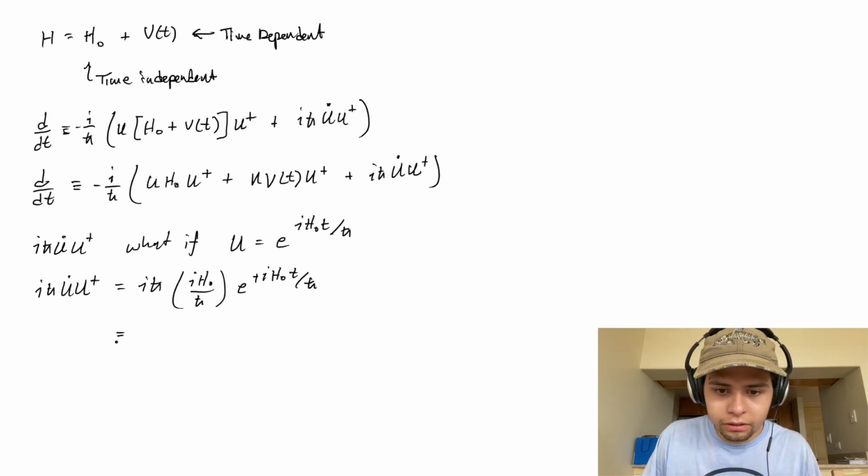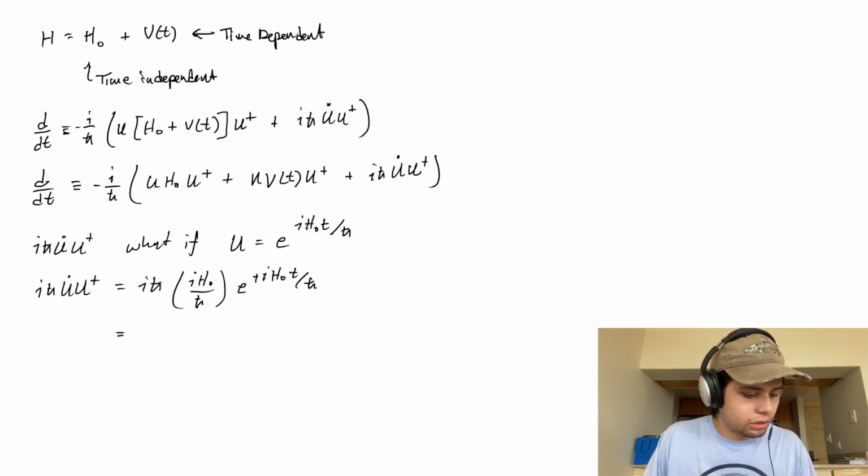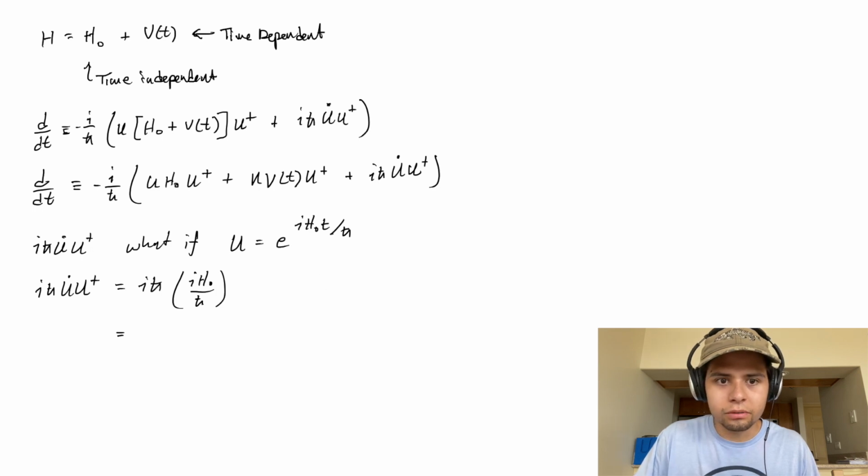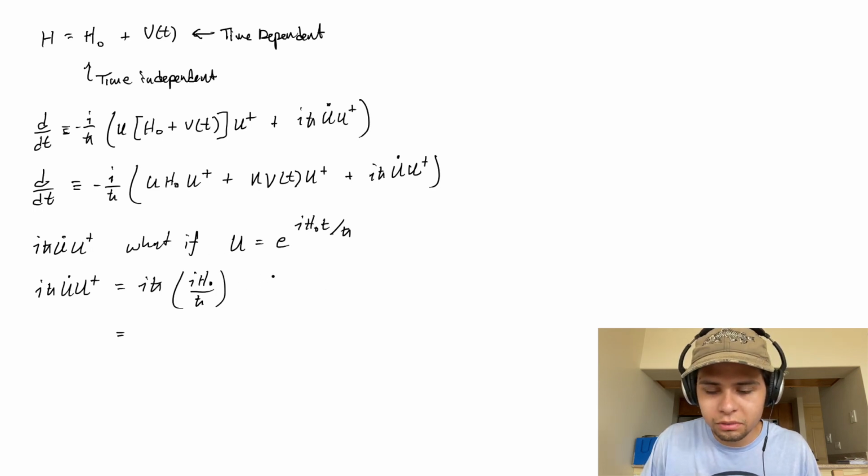Okay, and if we do this a little bit more, I need to actually write something else in here, because if we remember, the derivative of the exponential here is the argument in the exponential times the exponential again. So i H naught t over h bar, and then we need to put that complex conjugate in there.